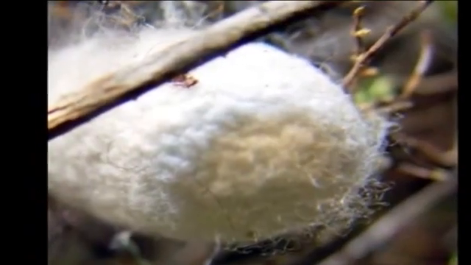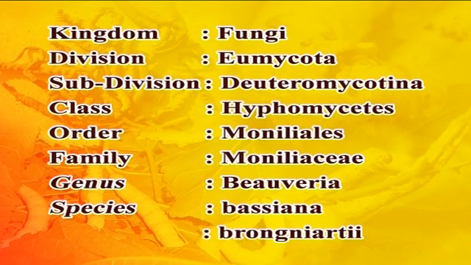The white muscardine belongs to kingdom fungi, division Eumycota, subdivision Deuteromycotina, class Hyphomycetes, order Moniliales, family Moniliaceae, genus Beauveria, species bassiana or brongniarti. Beauveria bassiana produces conidia that are resistant to environmental extremes and are the infective stage of the fungal life cycle.